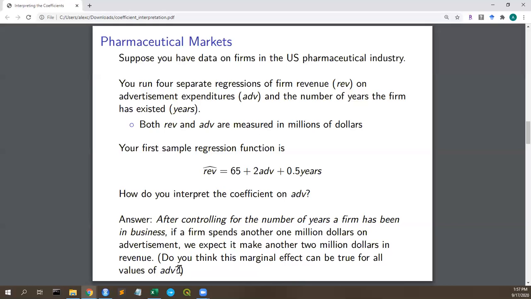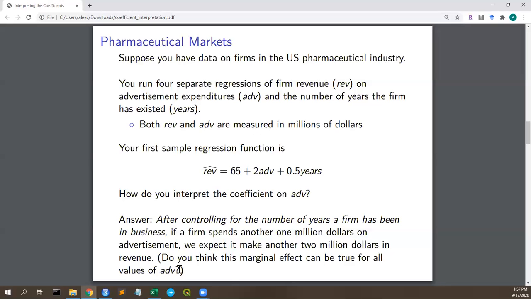But if you're increasing from 40 million to 41 million, that extra benefit is not going to be as significant, right? So the 1 unit increase is not a constant effect across the entire distribution, meaning that going from 1 to 2 is not equivalent to going from 40 to 41.